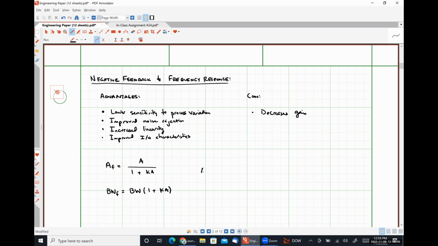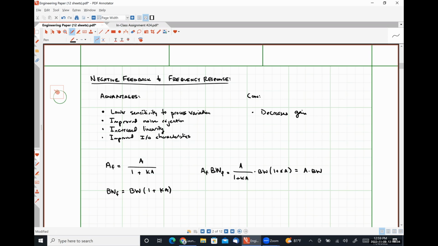So if I multiply my gain with feedback times my bandwidth with feedback, I get A over 1 plus KA times my bandwidth without feedback times 1 plus KA. The 1 plus KA terms cancel each other out. And my gain bandwidth product with feedback must be identically equal to my gain bandwidth product without feedback. Okay.